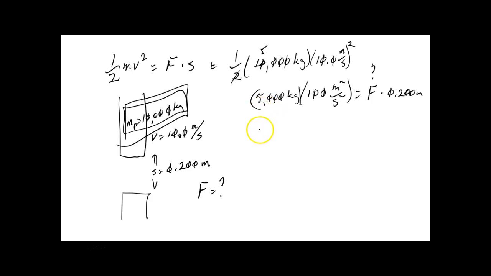That gives us 500,000 kilogram meter squared per second squared. That's also joules. That's equal to force times 0.200 meters. How do we determine the force?